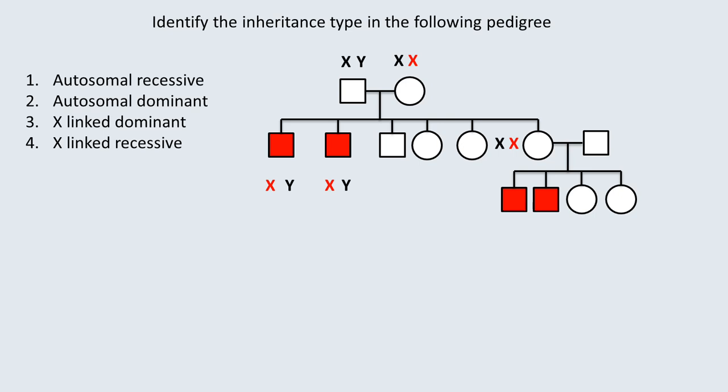What about the man she is married to? He is completely normal. No issues over here. So you can see that the third generation male is affected because he has inherited that lethal X chromosome from his mother and normal Y chromosome, which is of no concern. Similarly, the male over here is also affected because he is carrying the same lethal chromosome from his mother.